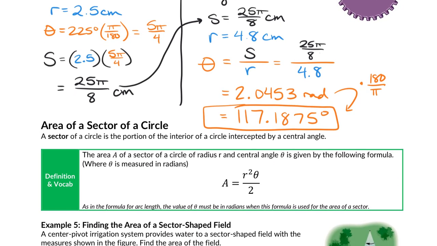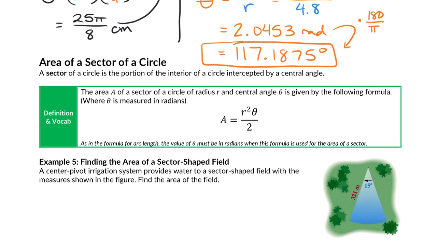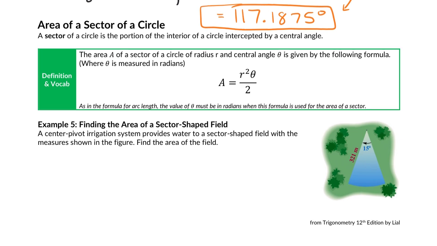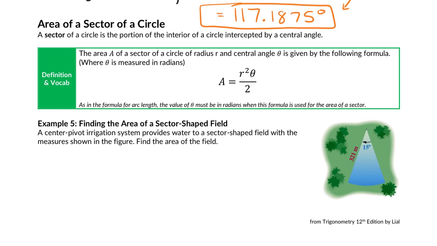All right, area of a sector. Last little bit for today. Now, this word sector you may not have used in a while, but basically the sector of a circle is literally just the entire pizza slice. So we're just going to find the area of a portion of a circle. That's what's called a sector.